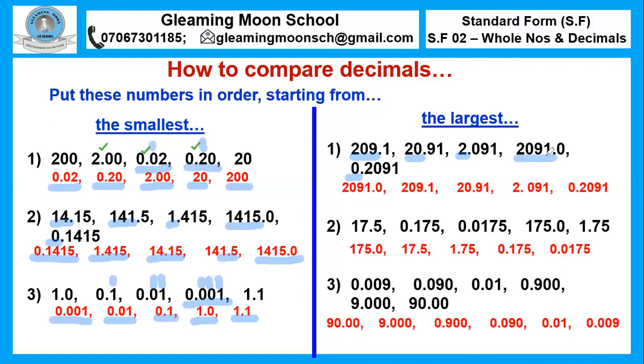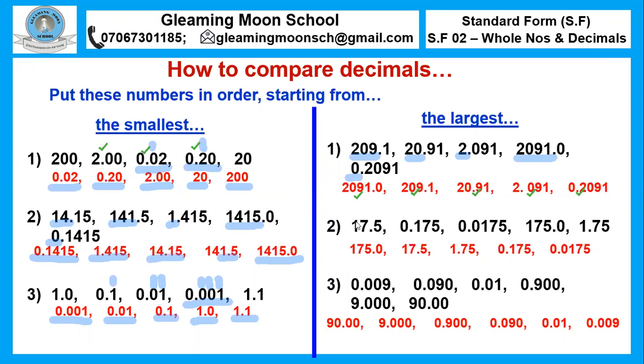This one is very obvious. 2,091 is your first number in the order because that's the largest number, followed by 209, followed by 20, and then 2, and then 0. It doesn't matter what comes after the decimal point because the whole number parts have already compared themselves. We only look at the decimal parts if the whole number parts are the same.